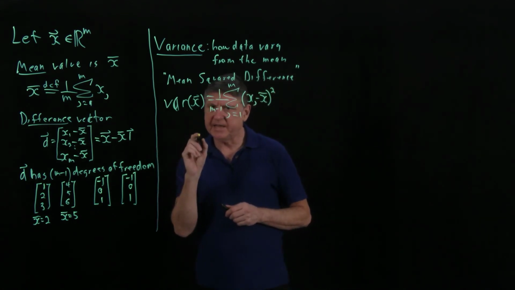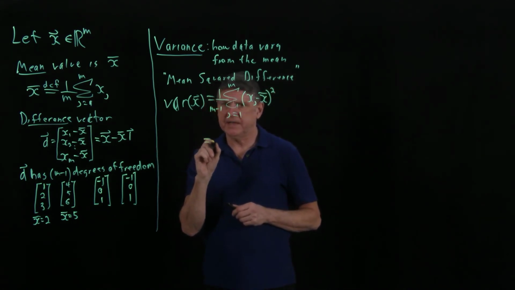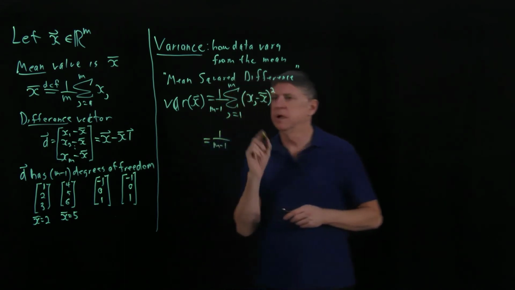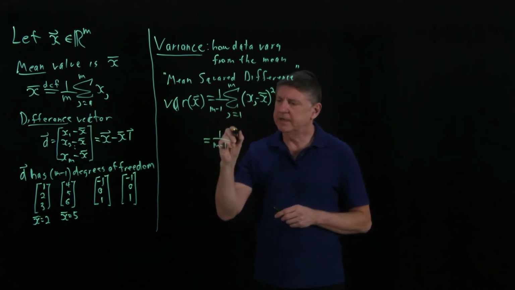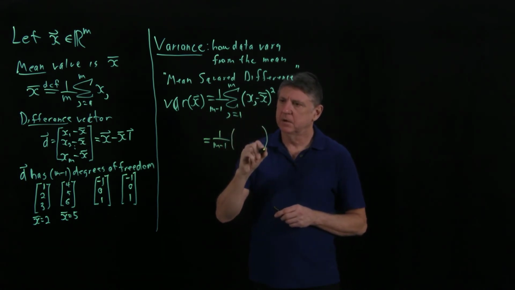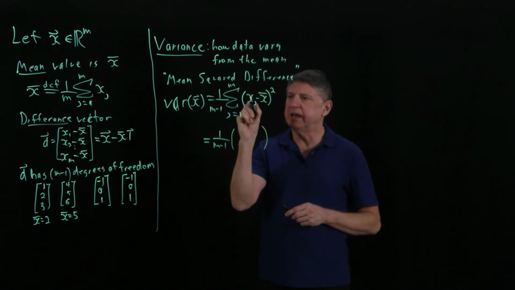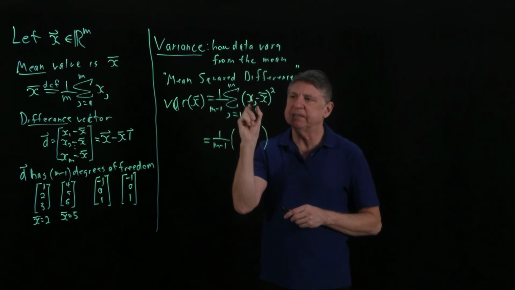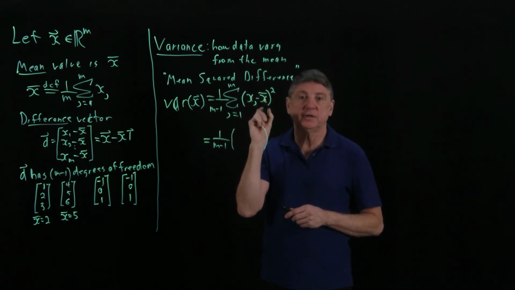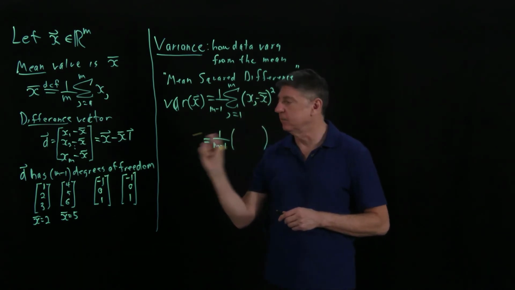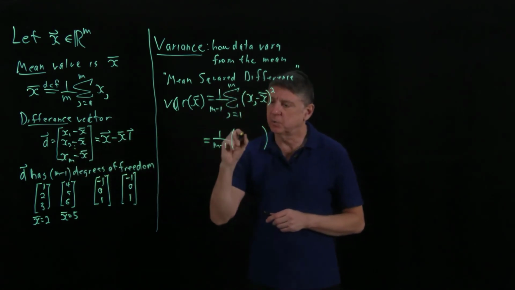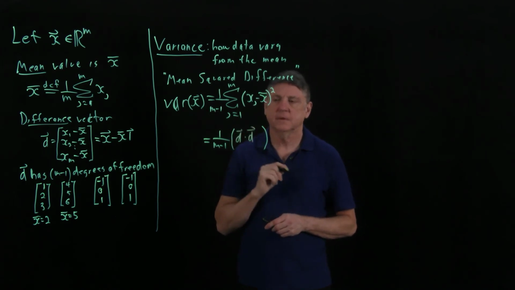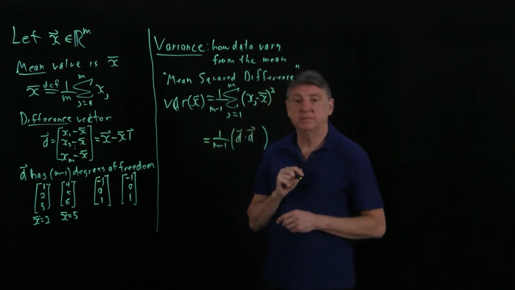So another way to write that is, let's keep this 1 over m minus 1 term, this sum can now be replaced by the dot product of this difference with itself, which would be this d. So I could represent that as d dot d divided by m minus 1.